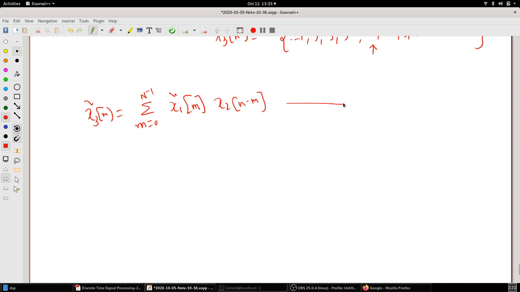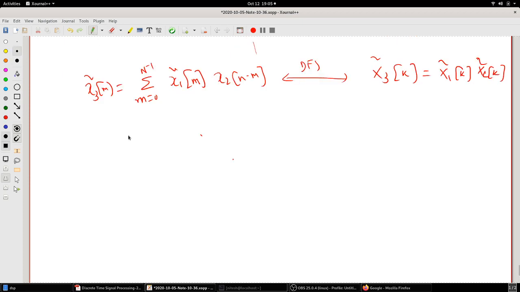When I take a DFS of this, I get x3 tilde of k, which is actually x1 tilde of k into x2 tilde of k.